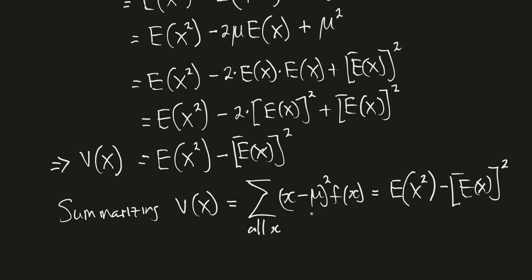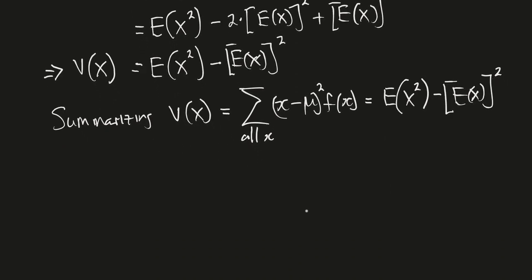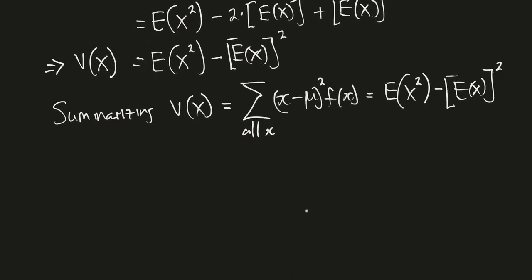All right, well let's see how it works. Let's do an example. And again, I'll make up a simple PDF that we can work with, just so that the algebra doesn't get really cumbersome, and we can focus on the process as opposed to the crazy numbers.